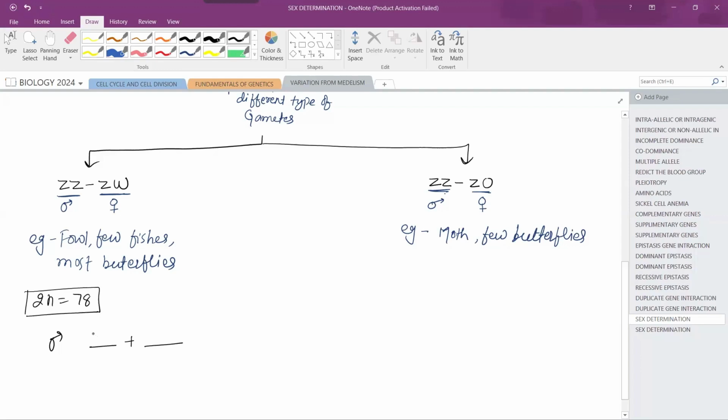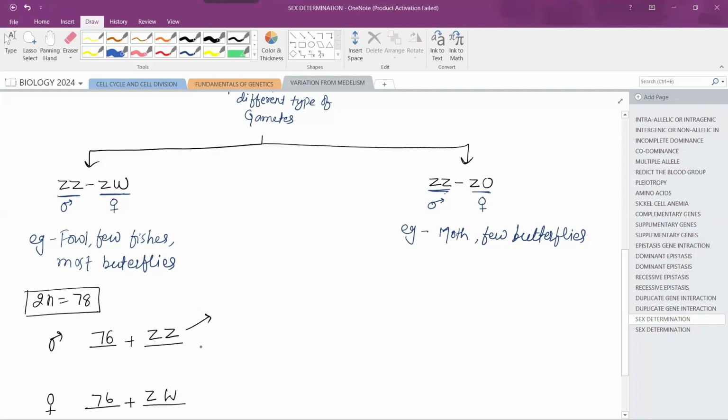First you have to tell me the autosomal number of chromosomes. That is 76 plus ZZ. And what is the case of female? 76 plus ZW. Yes, ZW.